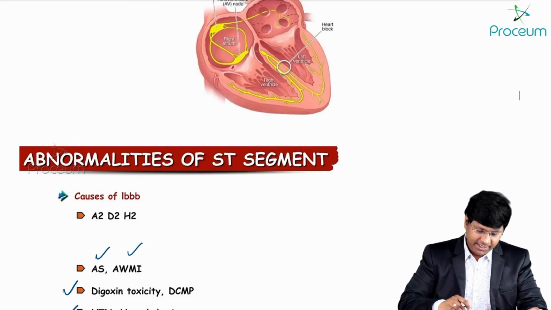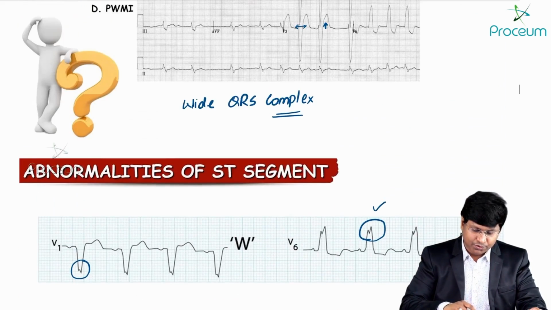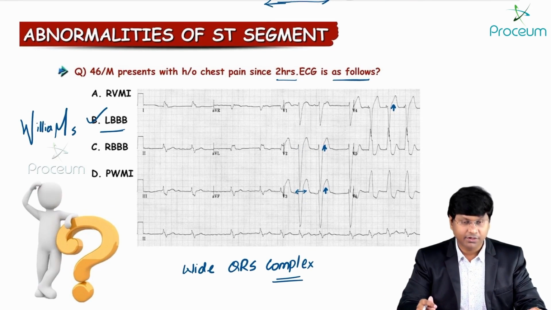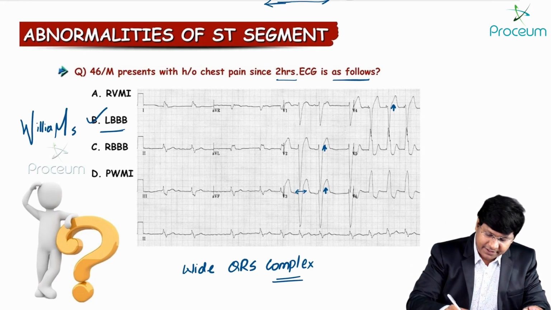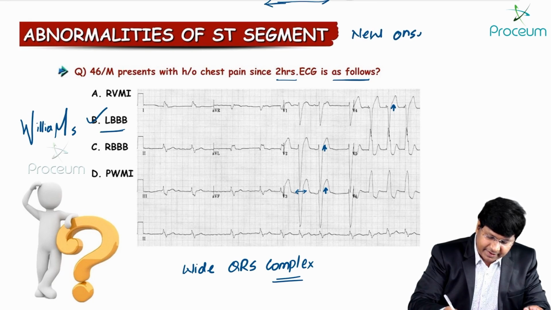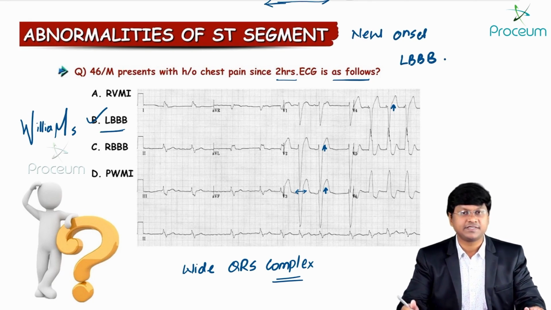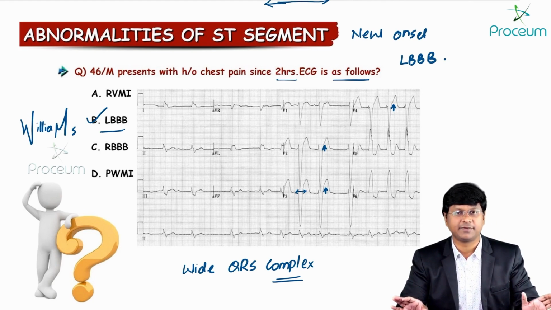Next. Now the one important point that you should know is this is the ECG of the left bundle branch block. The point you need to understand is if it is a new onset left bundle branch block, that means you have seen the previous ECGs of the patient, and there was no left bundle branch block.